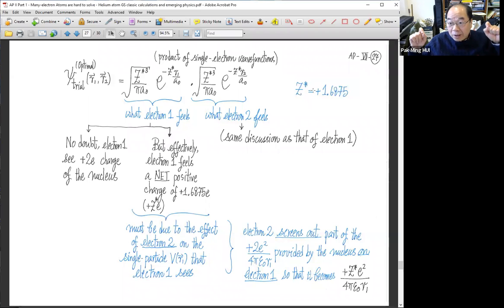Again, let me repeat, we are stressing the idea, the concept. We are not going to do serious calculations for many electron atoms. It's too difficult to do, okay? But as year 3 students in physics, this may be your first encounter with the study of electron-electron interacting systems.